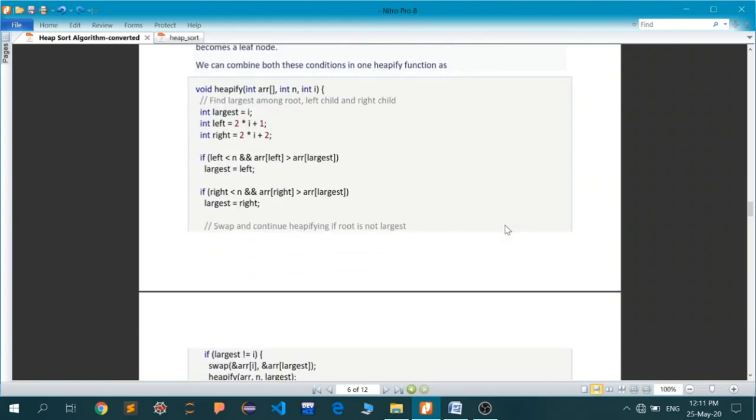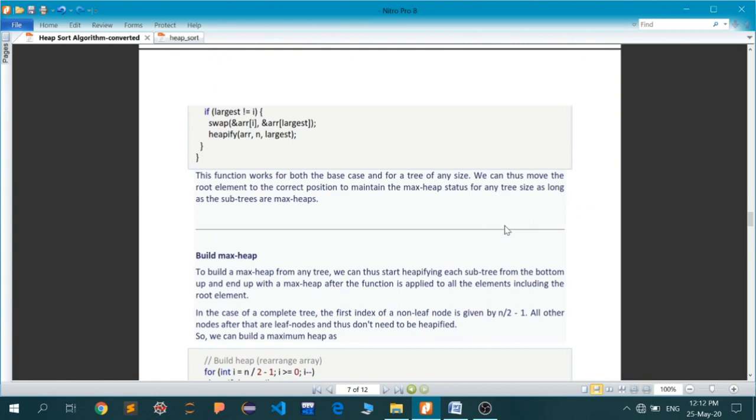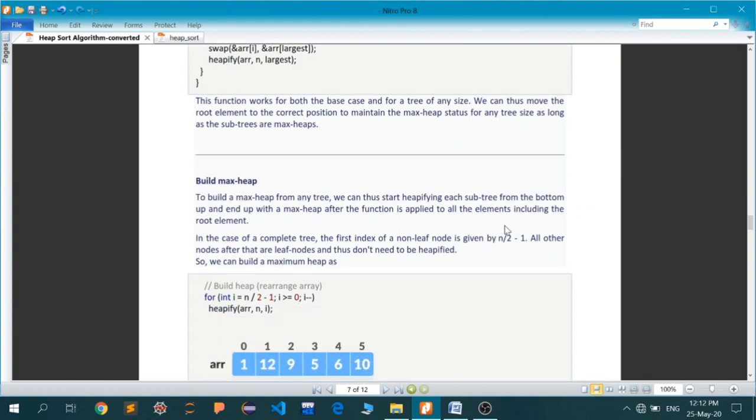I'll stop here right now. Tomorrow, for the first 5 minutes, I will try to again revise the building of the max heap, and after that, if you are comfortable with the building of the max heap, I think you will be more than comfortable with heap sort, because heap sort is just an application of max heap.